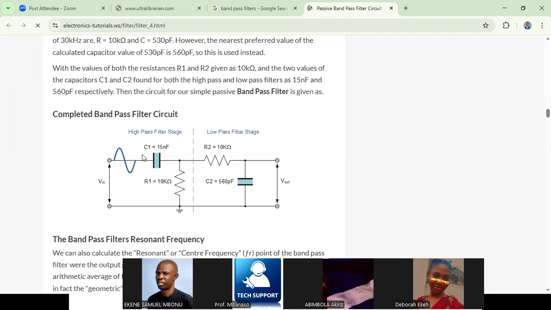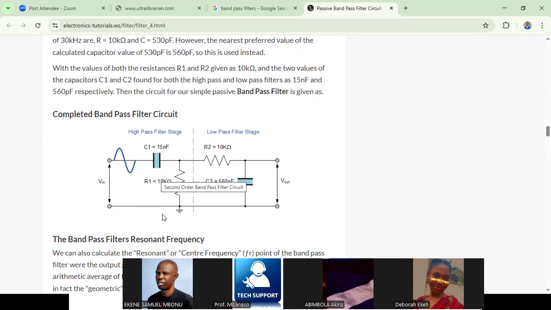Okay. This one is the high pass filter stage, and this is the low pass filter stage. You notice this is a capacitor. This is a capacitor. Now let's consider this. High pass means it's going to pass high frequency and stop low frequency.